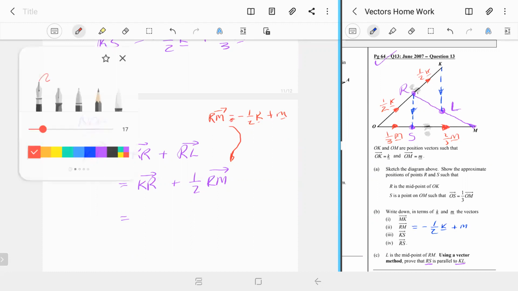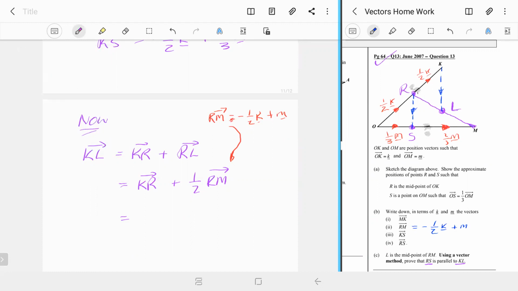So now, based on the diagram, K to R is negative half K. And then I'm going to write the half RM, in this color. Half RM is just half of this. So what is it going to be?